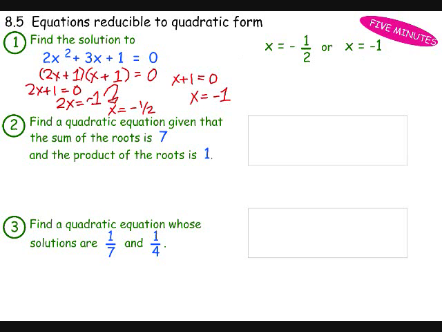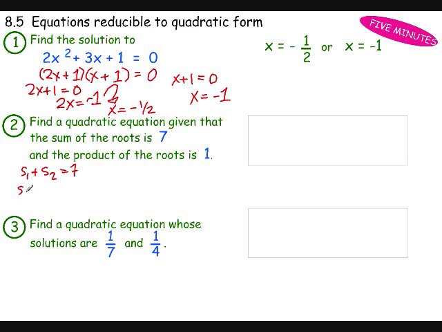All right, let's try another one. Find a quadratic equation given that the sum of the roots is 7. Now what was that? The sum of the roots, so we had one solution plus the other solution equals 7. Well, it doesn't look much like a 7. I'm going to be careful. What else did we say about the sum of the roots?